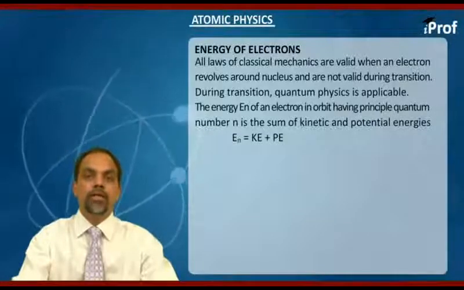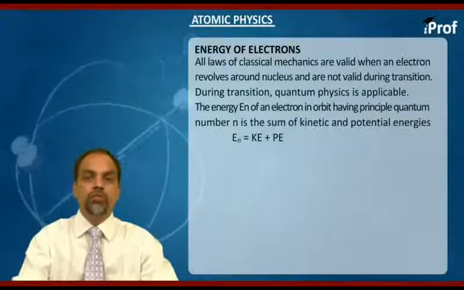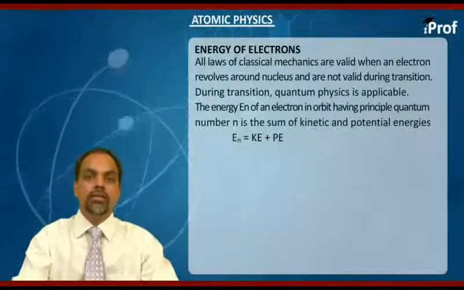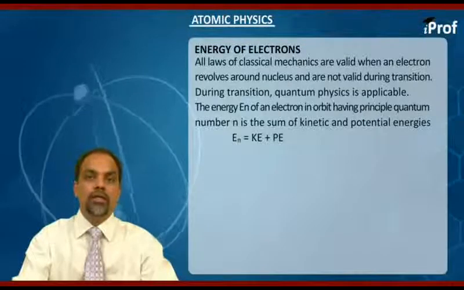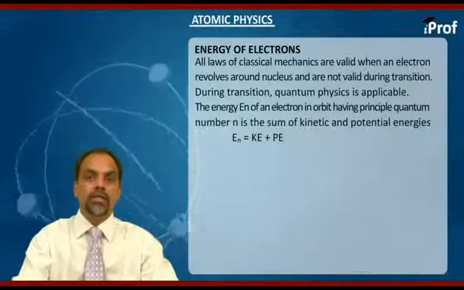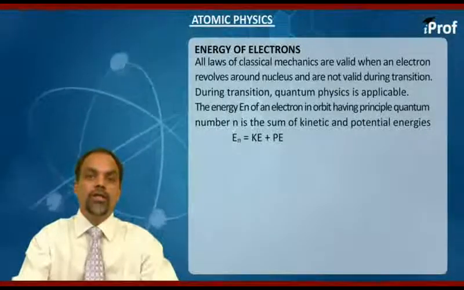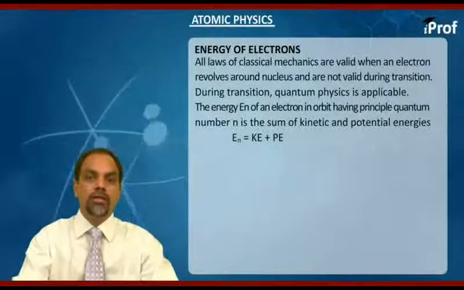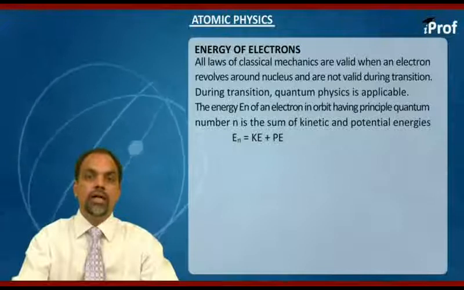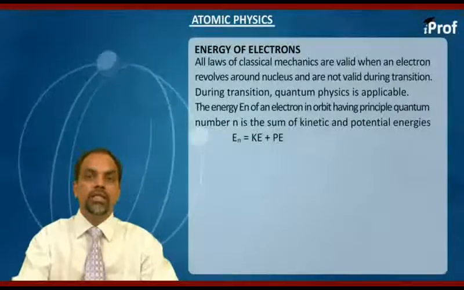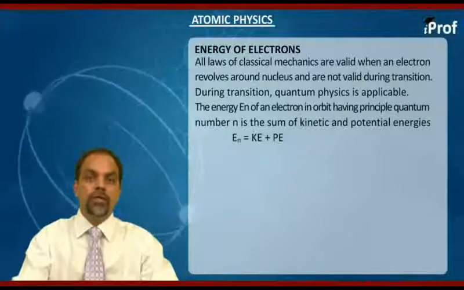Now we have to remember one thing while applying Bohr's atomic model in any situation: all classical laws of mechanics are valid when the electron is revolving around the nucleus, that is, in stationary orbits. But when the electron makes a transition from one energy level to another energy level, the laws of mechanics do not hold good, and it is quantum mechanics which takes over. Remember students, there is a very crucial point.